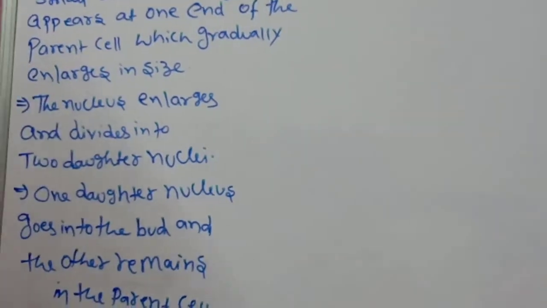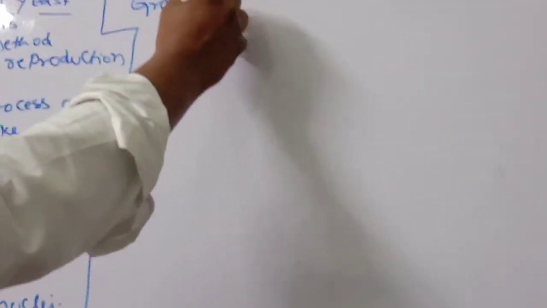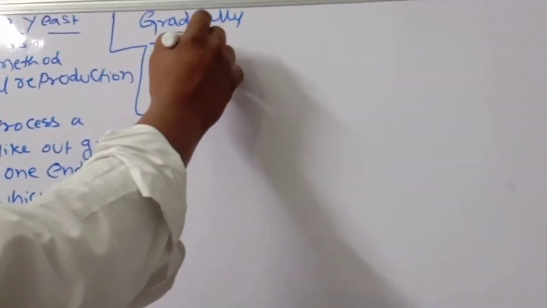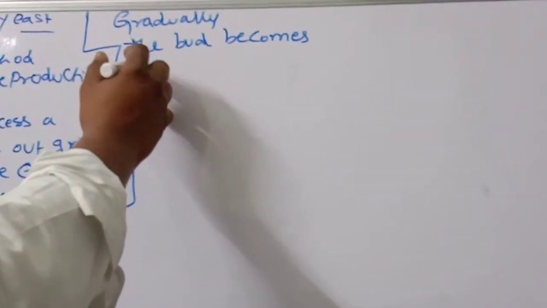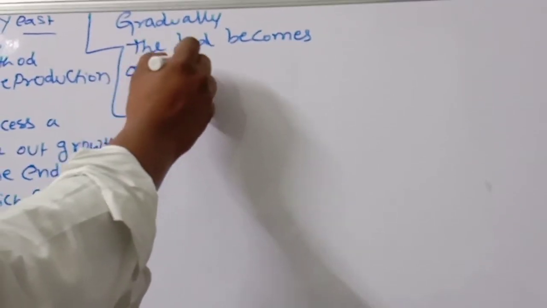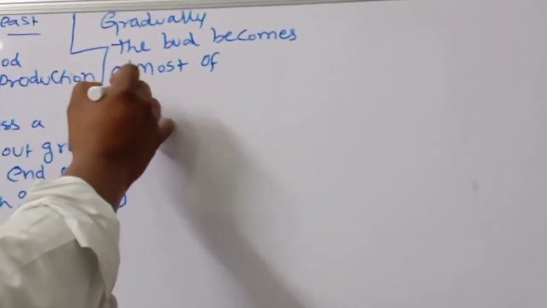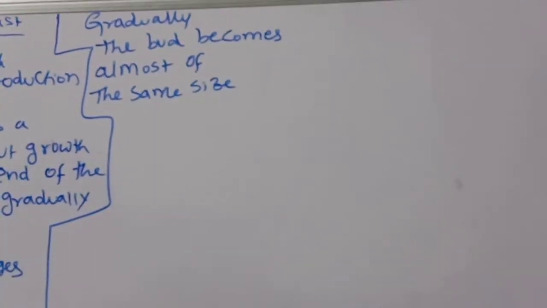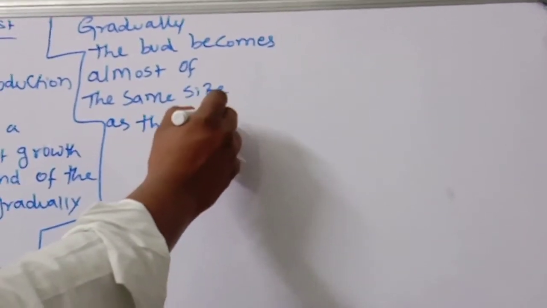Gradually the bud becomes almost of the same size as the parent cell.